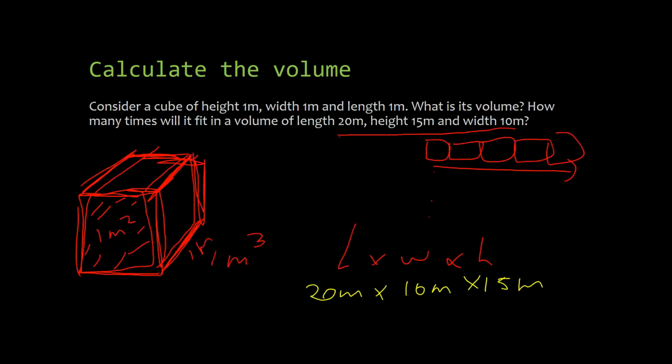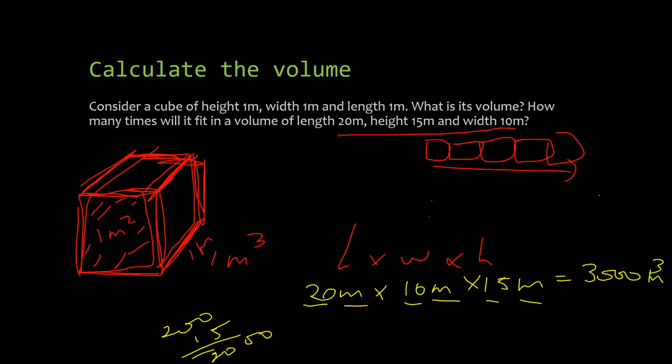Notice that each one of them will multiply by each other. 20 by 10 is 200. 200 by 15 will be equal to 3,000. And we'll have 1 unit of meter, 2 units of meter, 3 units of meter: meter cubed.